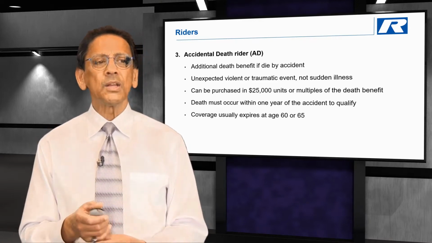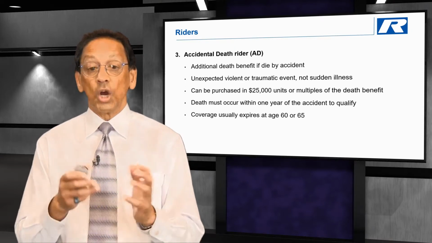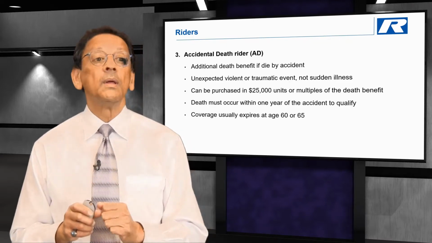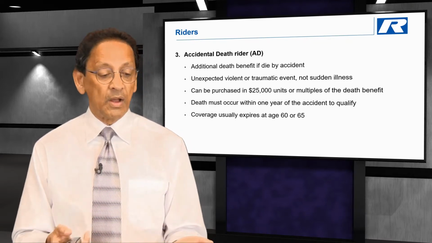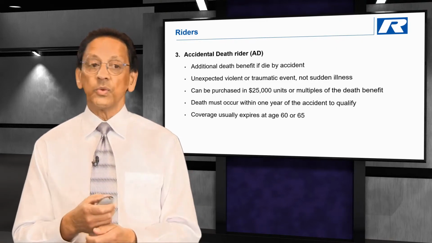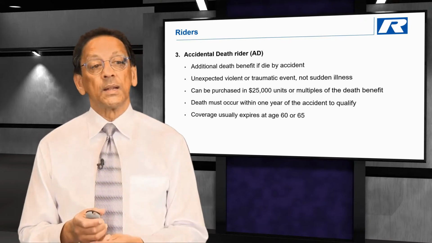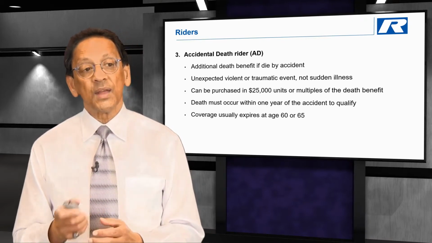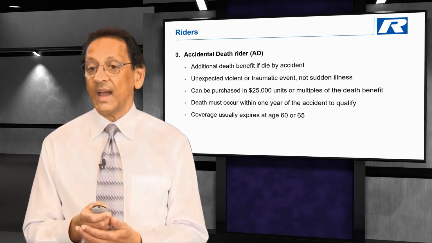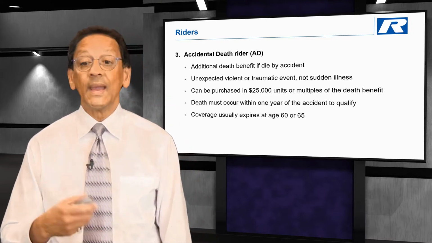So it can usually be bought in units of 25,000, or units, I guess, is a better word. And so I may have a $100,000 base plan and add 2 units of accidental death, which would be $50,000 in total. Now, what's important in accidental death rider, if you are in an accident, death must occur within 1 year of the accident in order for the accidental death rider to pay out.